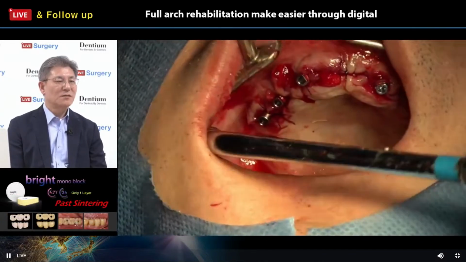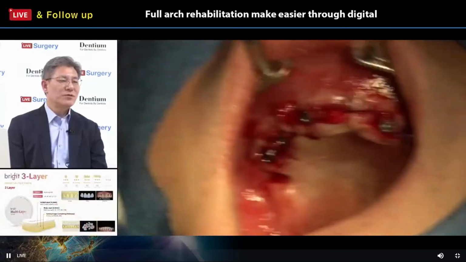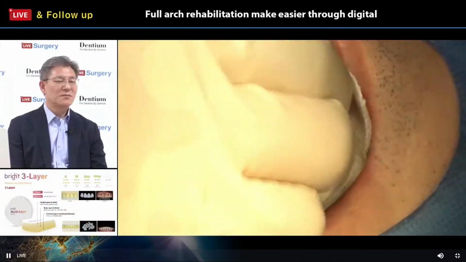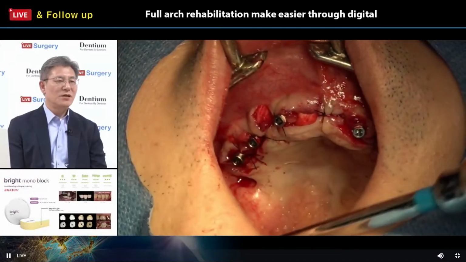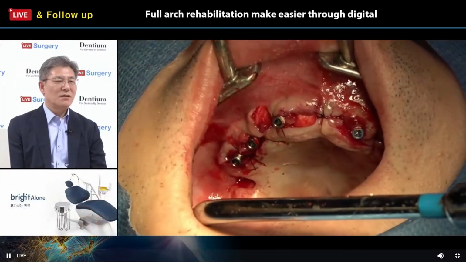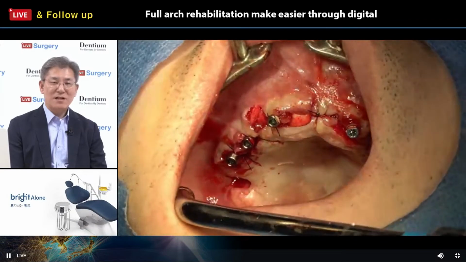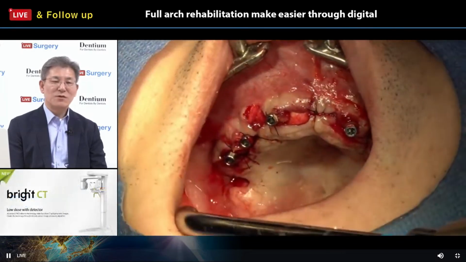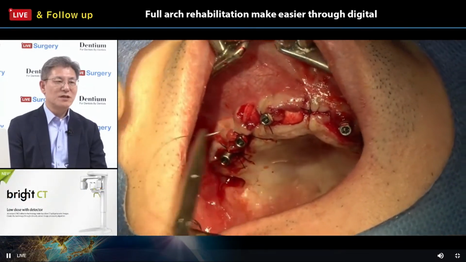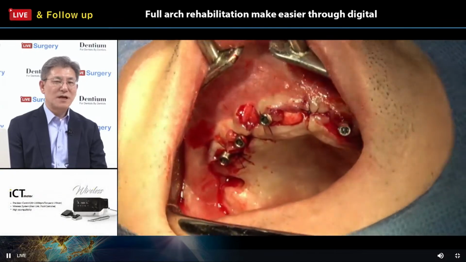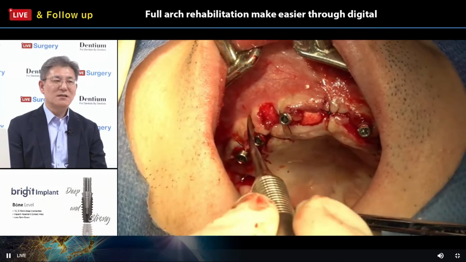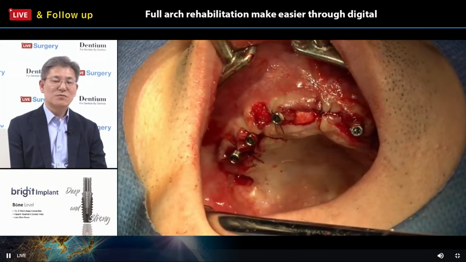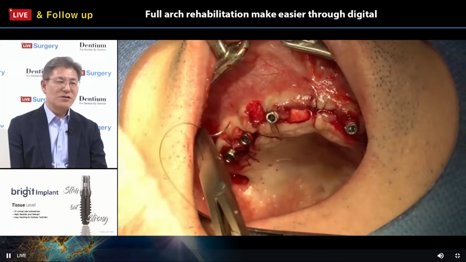Some parts will achieve primary closure, and some parts will just be left in open healing style, and fast epithelialization will occur when you use this collagen graft combined with PDRN. Especially PDRN is another good resource promoting soft tissue healing.